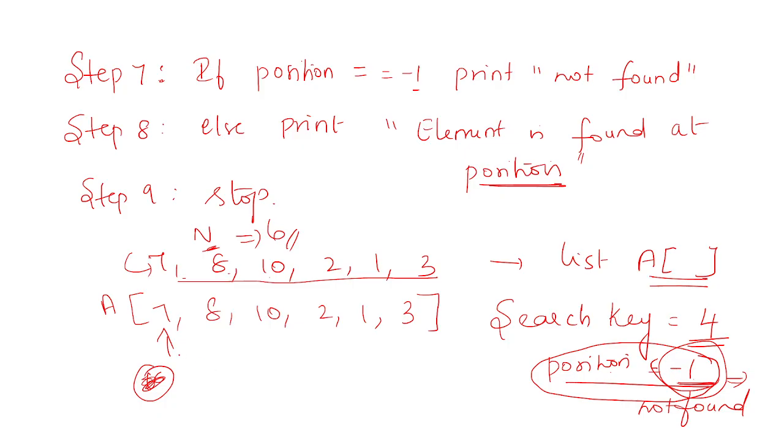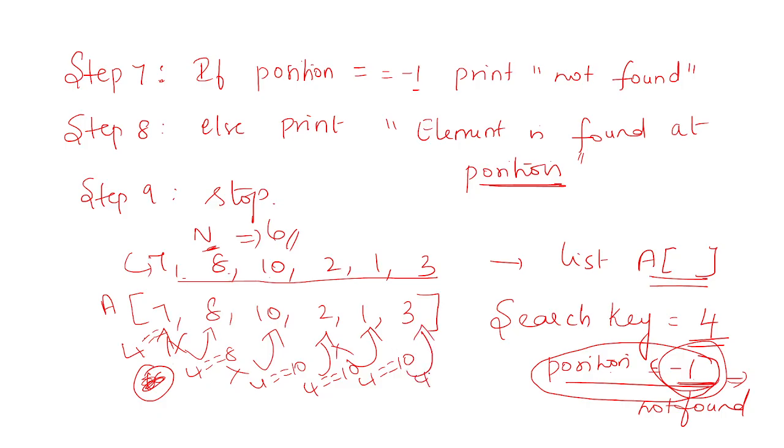First it will compare 4 with 7, whether it is equal, no. It will go to the second element, 4 compared with 8, no. Again it will go to the third element, 4 compared with 10, not equal, so it will go on to the next elements, 4 compared with 2, 4 compared with 1.